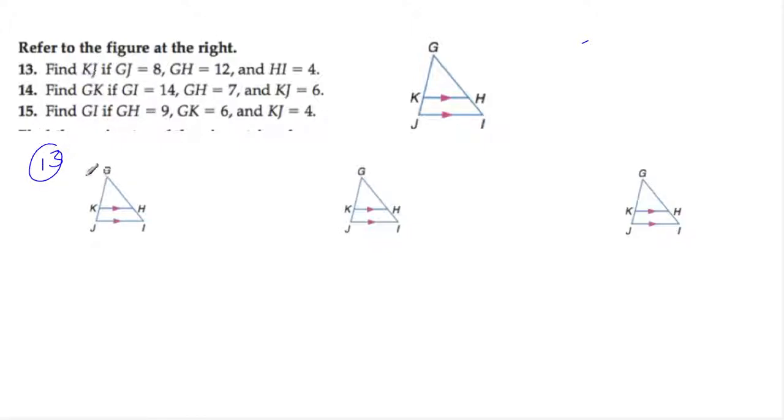Number 13, I want to find KJ, so this little sliver there. If GH is 12, HI is 4, and GJ, so this whole distance there, is 8. Well, this whole distance here is 16.